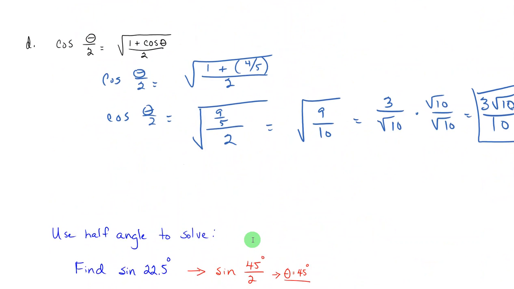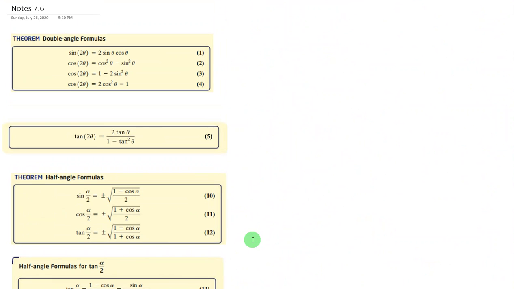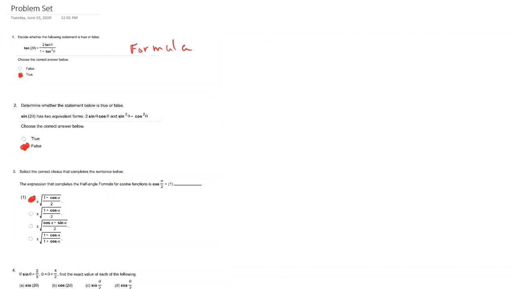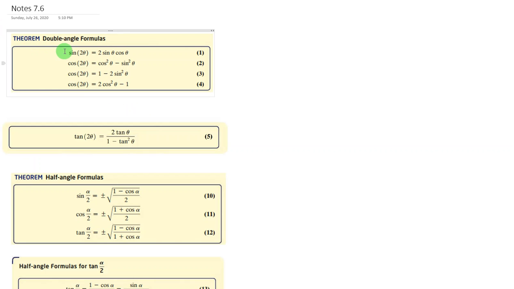All right, so that's a brief overview of using the double angle and the half angle. Let's go look at the problem set. So we're looking for tan 2 theta, and there it is right there. We go back to our problem set. That is true. That is the formula. About number 2, sine 2 theta has two equivalent forms, either this or this. Well, if we go back and look at our notes, sine 2 theta has one form, not two.